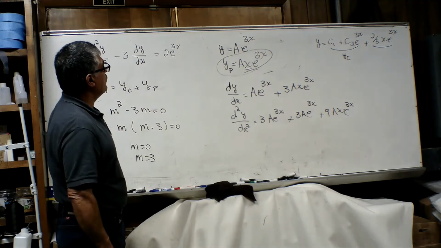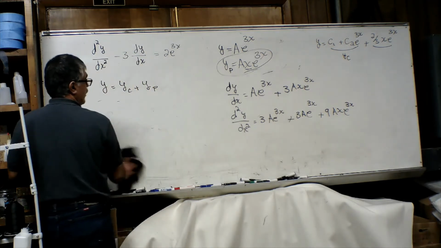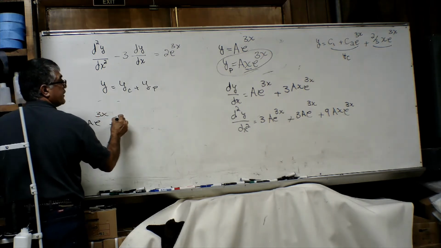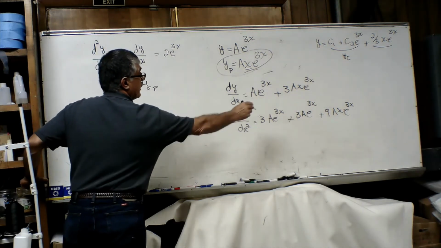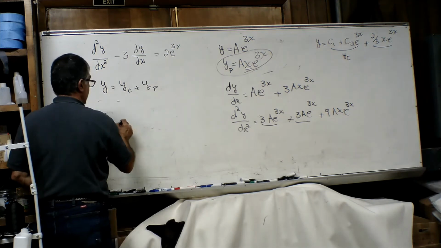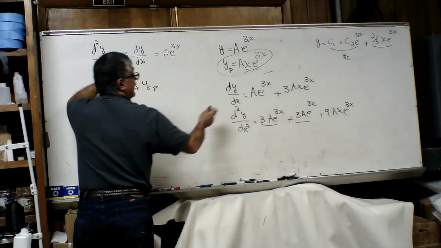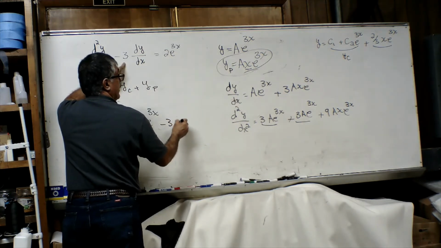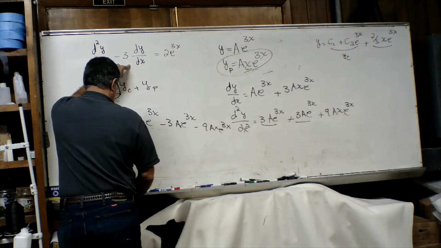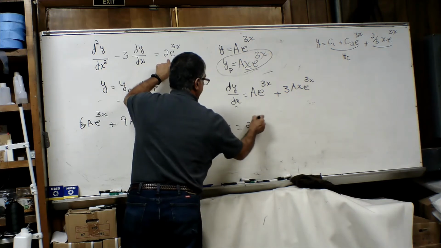Now if we plug those values in this equation, we are going to have d2y over dx2, which is 3a e to the power 3x plus 3a e to the power 3x, so this is 6a e to the power 3x, plus 9a x e to the power 3x, minus 3 multiplied by dy over dx, so minus 3a e to the power 3x and minus 9a x e to the power 3x, is equal to 2 e to the power 3x.